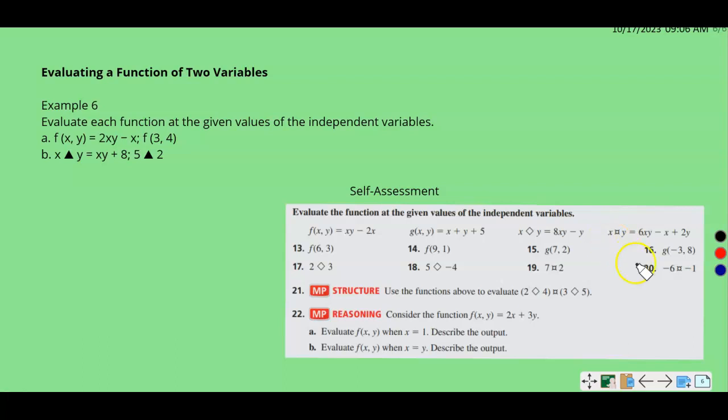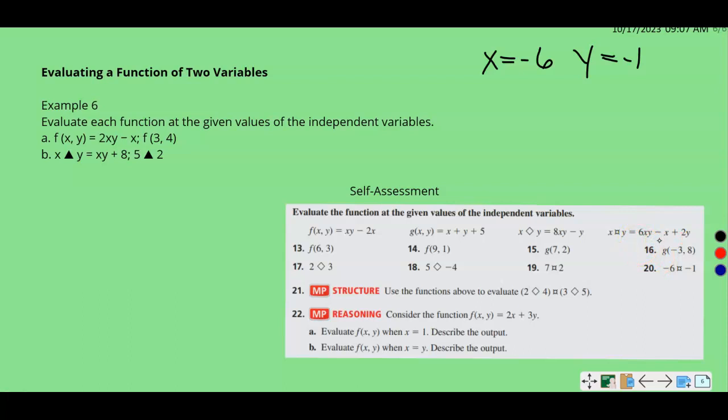So let's just choose one. Let's just do 20. It says x, this symbol, and then y. So we know that x is negative 6, and we know that y is negative 1, because that's what position these numbers are in. Then it tells us this is the function here.